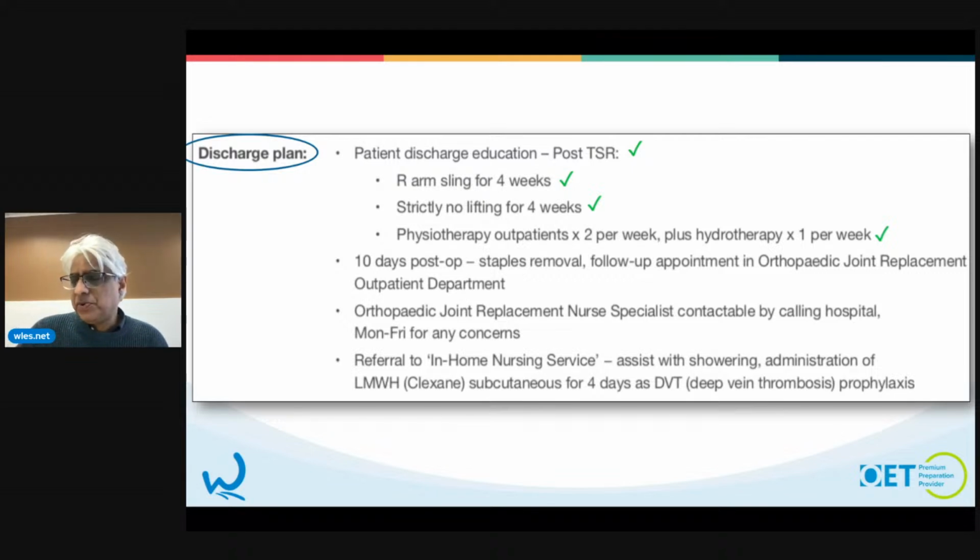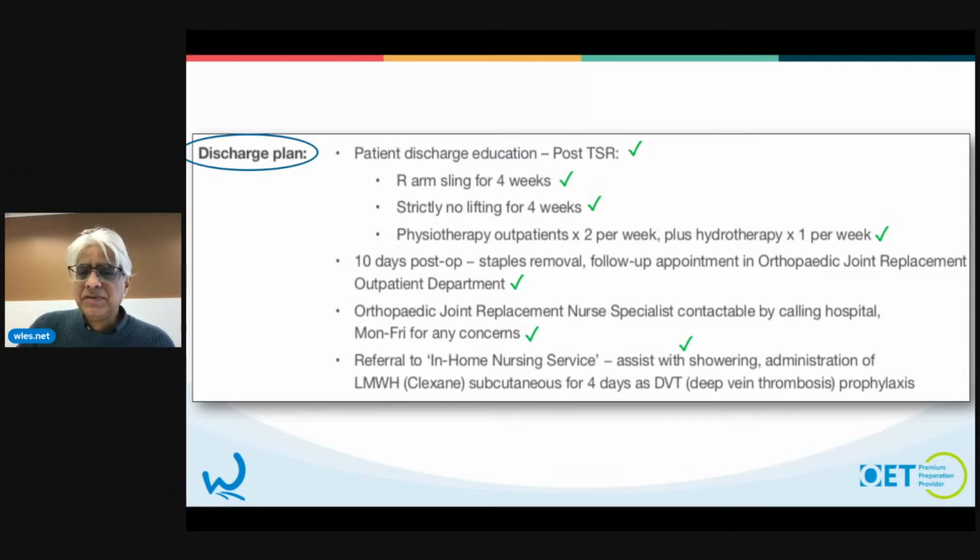We talked about the appointments earlier, so this would be something you mention towards the end of the letter. She's having her staples removed 10 days after the operation. Again, the home nurse would need to know this information. It tells you who to contact, so if there's a problem, the home nurse knows where to go. She would need to know this.